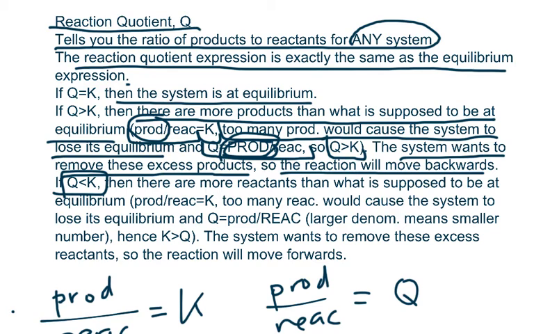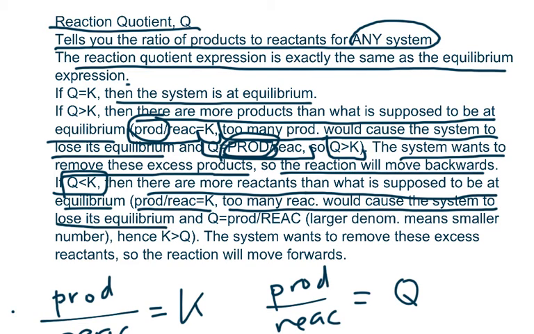Well, you can imagine that the opposite would happen, and there are more reactants than what is supposed to be at equilibrium. And since K is products over reactants, too many reactants would cause the system to lose its equilibrium, and now our Q is equal to products over REACTANTS. So notice how I said reactants with an emphasis because it was capitalized. And a larger denominator means a smaller number.